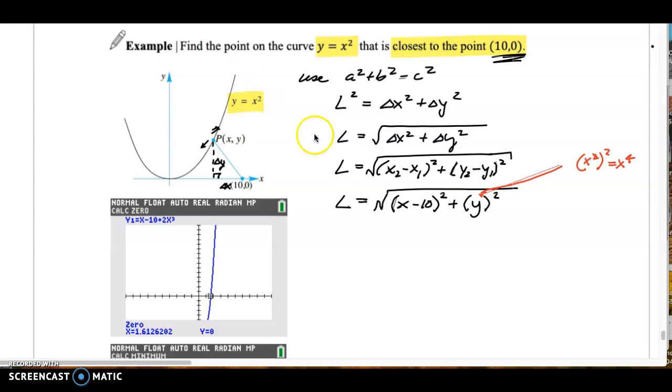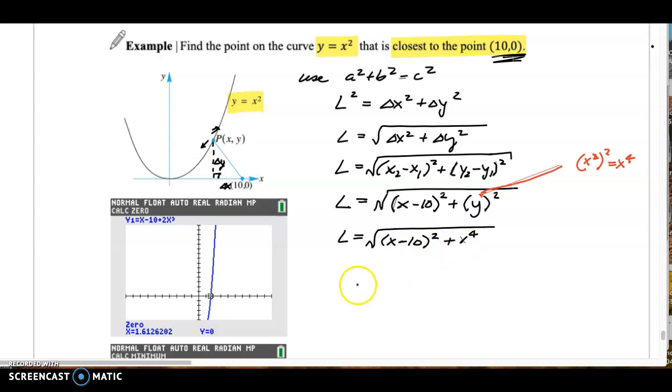So then we really have an L that is the square root of (x minus 10) squared plus x to the 4, right? So, okay, that's what I got. Great.